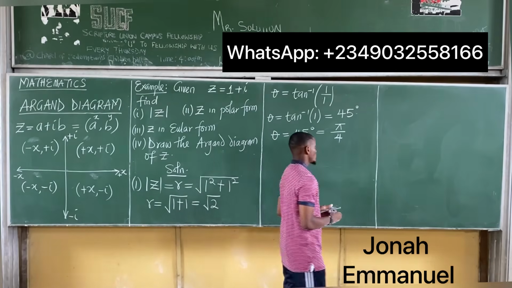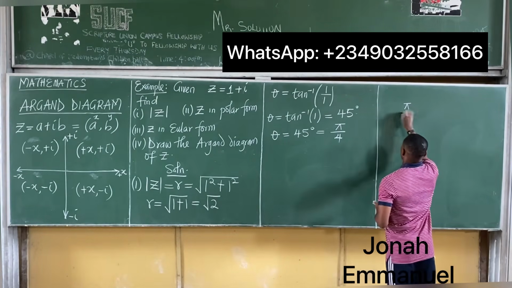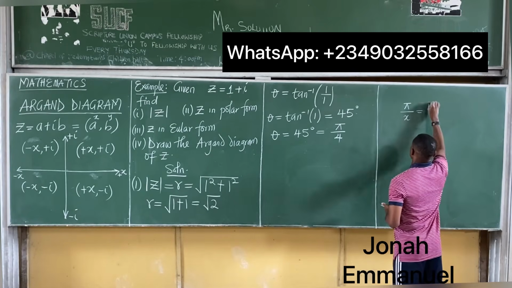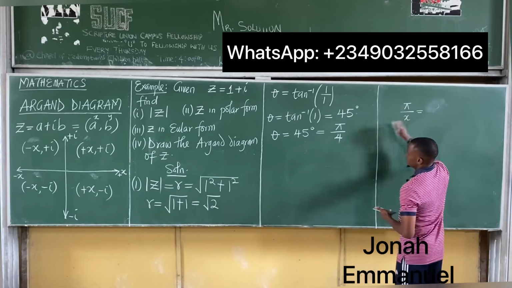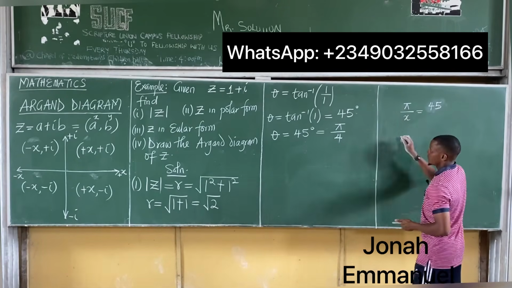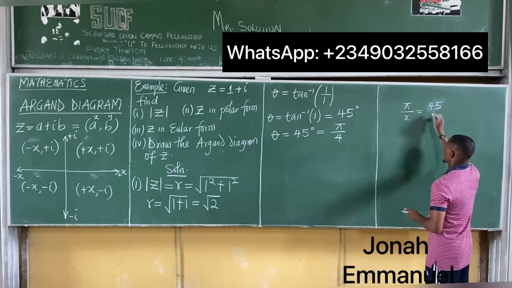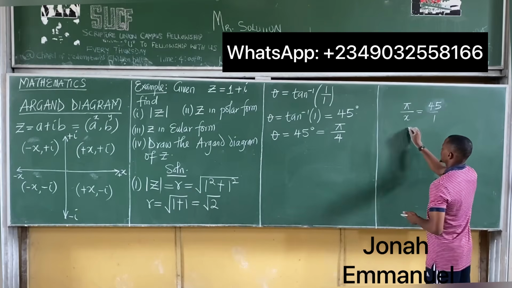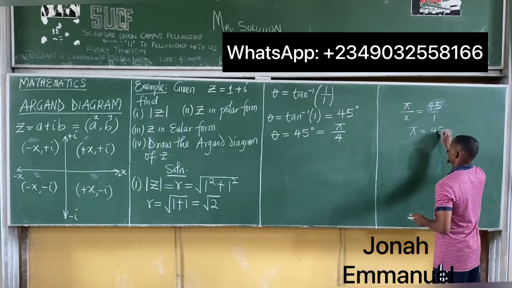To get the pi value, this is what you do. You say pi over x is equal to the theta value, that's 45 degrees. Just take this one as x. If you cross multiply, pi times 1 is pi, equal to 45 times x, which is 45x.